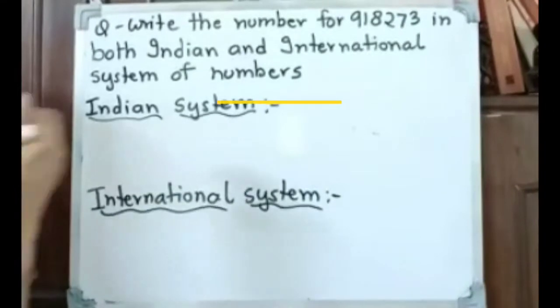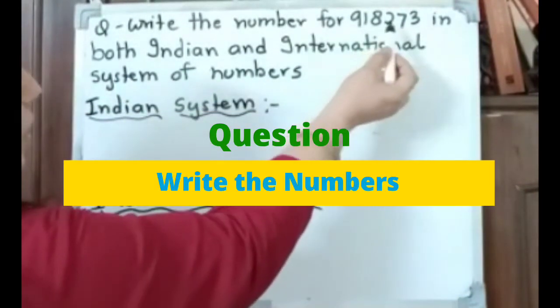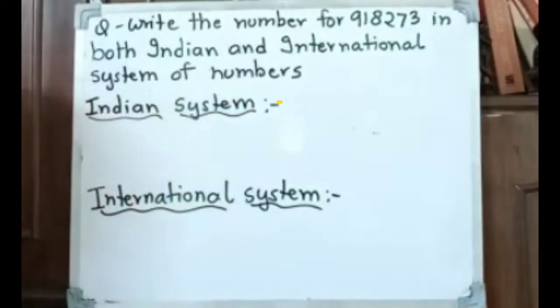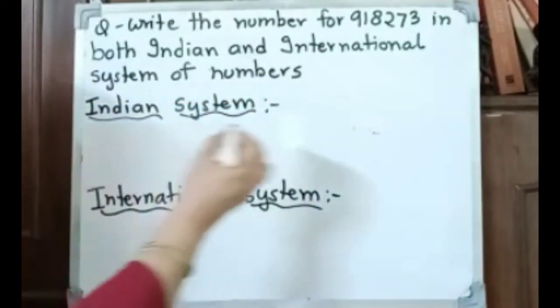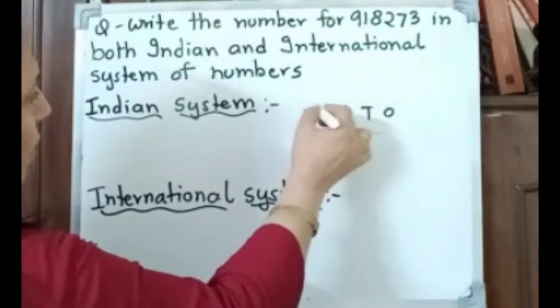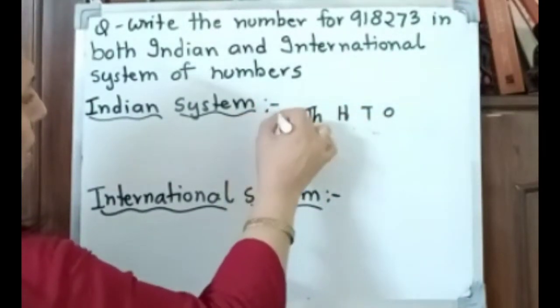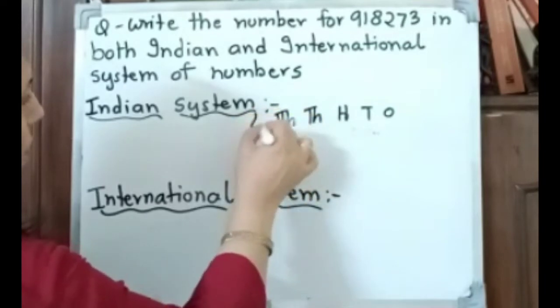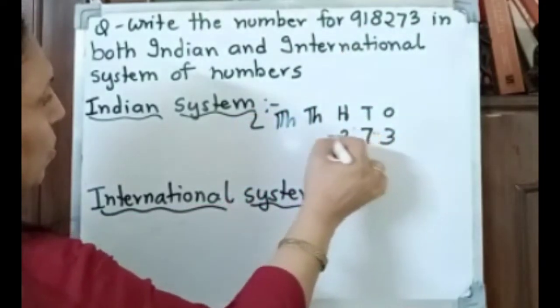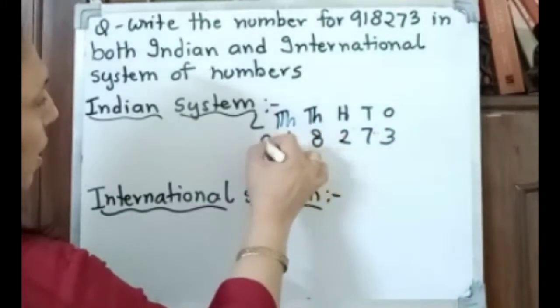Here we have to write the number 918273 in both the Indian and international system of numbers. In the Indian system we have ones, tens, 100, 1000, 10,000, lakh. So 3 ones, 7, 2, 8, 1, 9.